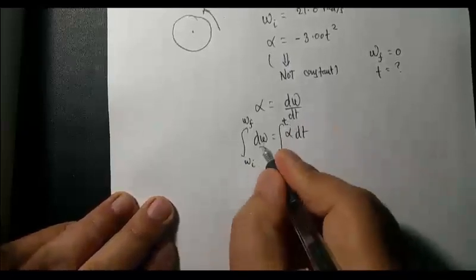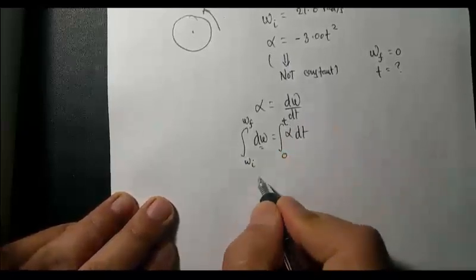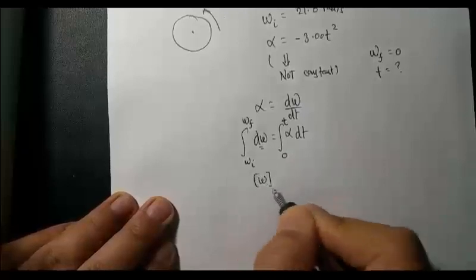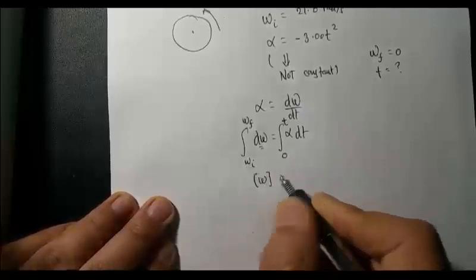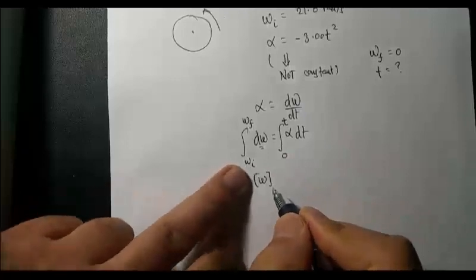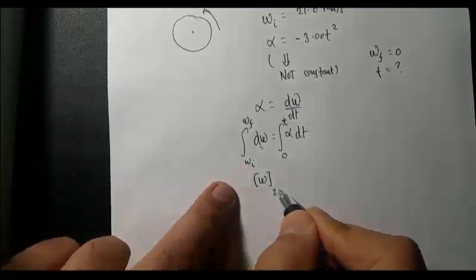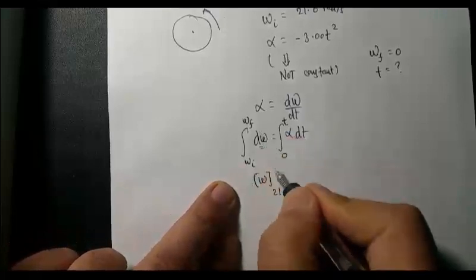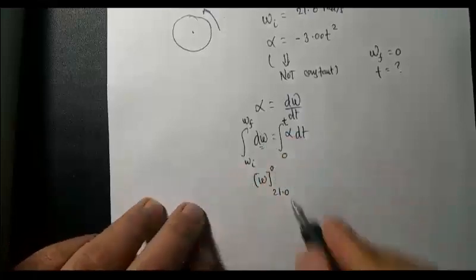So the integration of d omega is omega itself, and your limits of integration are: initially it is rotating at 21 radians per second, final angular velocity is 0.